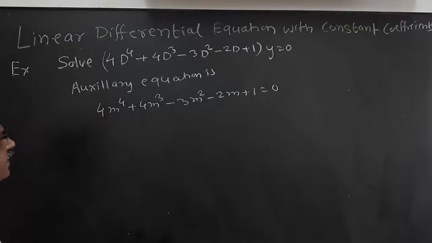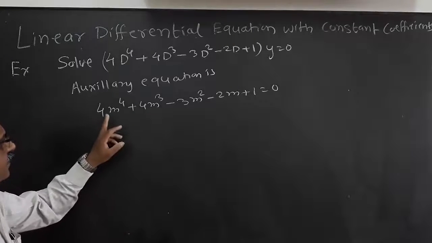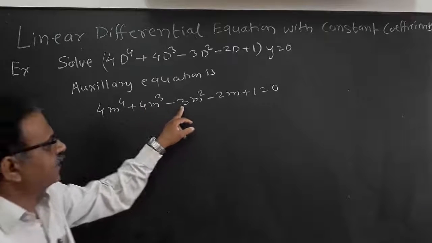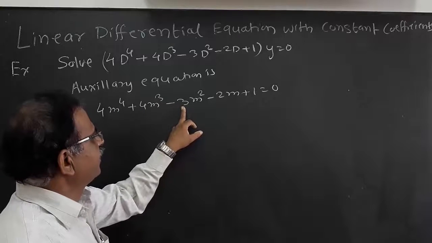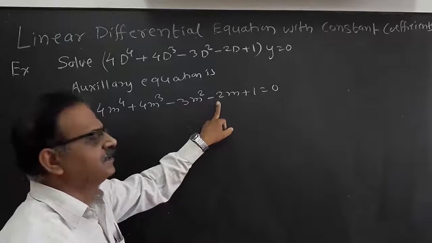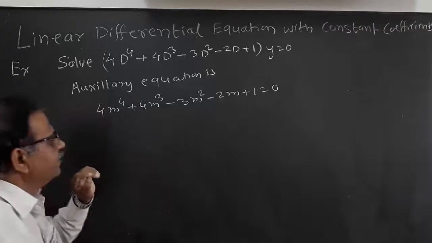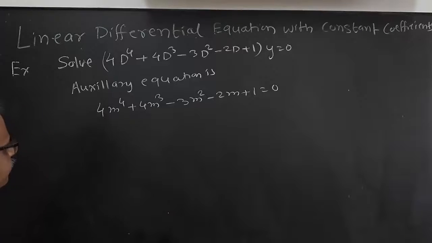Now see, sum of all coefficients: 4 plus 4 is 8, minus 3 is 5, 5 minus 2 is 3, 3 plus 1 is 4, which is not equal to 0. Therefore m equal to 1 is not a root.